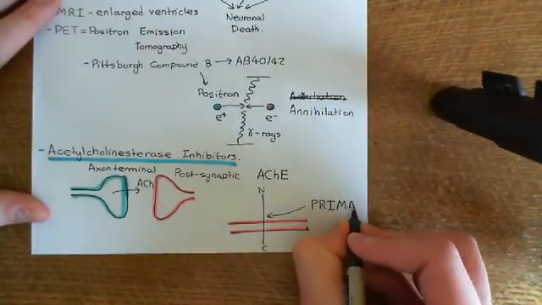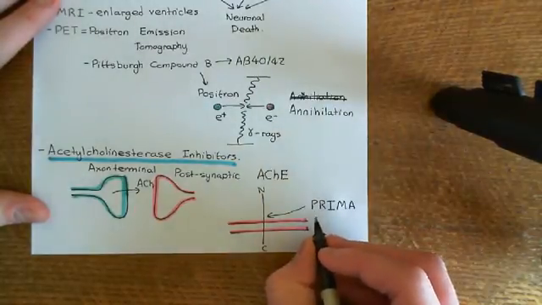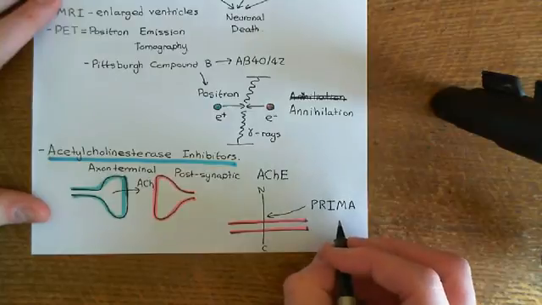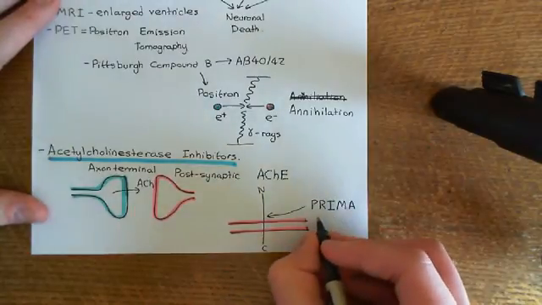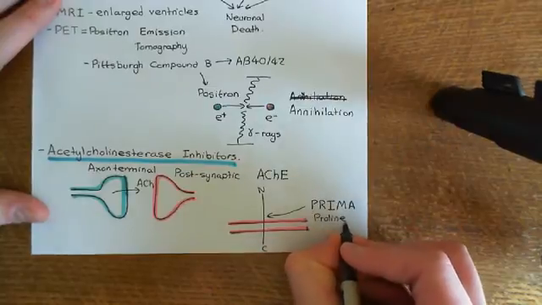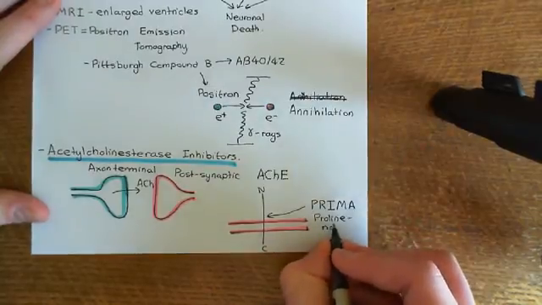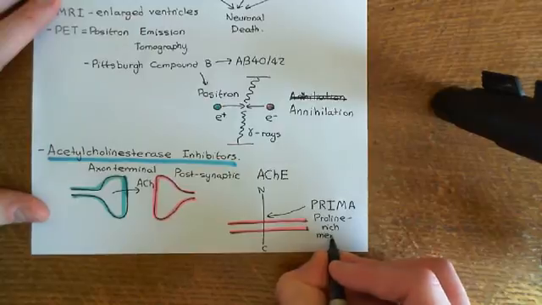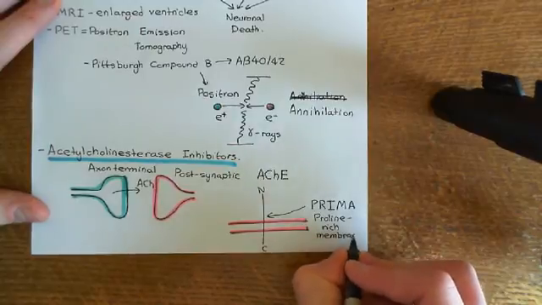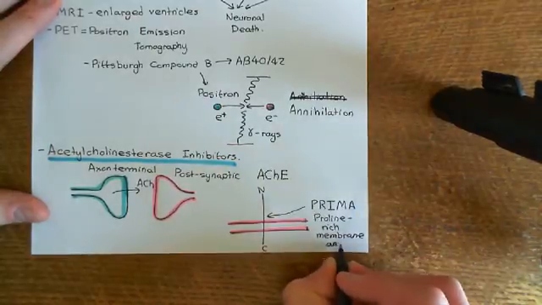And PRiMA stands for proline-rich membrane anchor. So let's put this in. So P is for proline, the RI is for rich, the M is for membrane, and the A is for anchor.